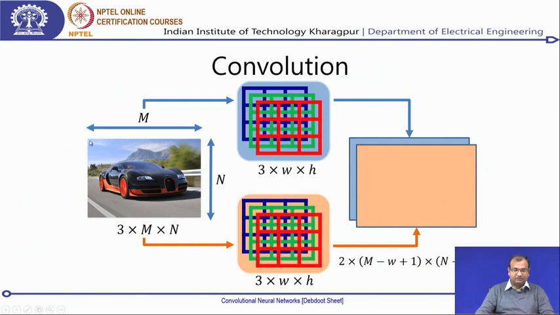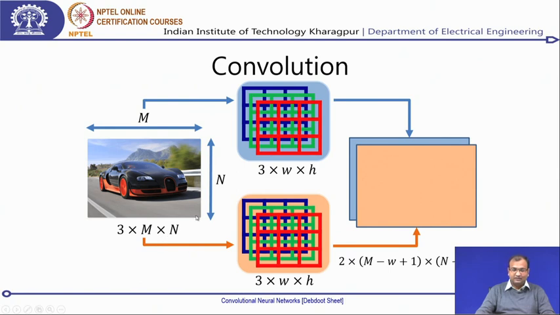If I am starting from this particular location, the most valid start is when the top left corner of the kernel matches with the top left corner of the image, and similarly the last point where I can go is when the bottom right corner of the kernel matches with the bottom right corner of the image.